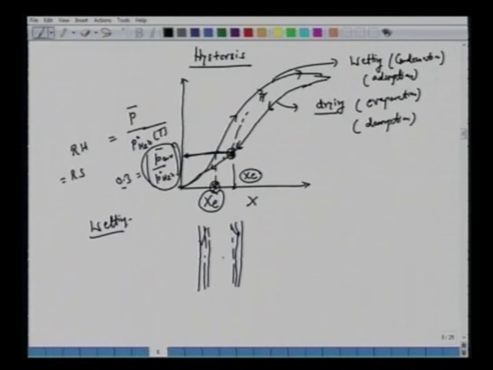Recall that adsorption is very similar to what we call condensation or wetting. So moisture starts getting adsorbed on the walls of the pores till there is filling. Then of course this gets narrower, and you have filling like this also. So you have sideways filling to start with, then the adsorption picks up, and the pores get filled up this way.